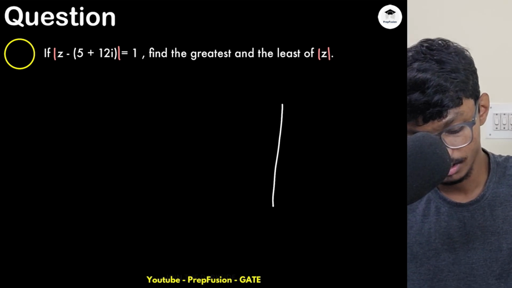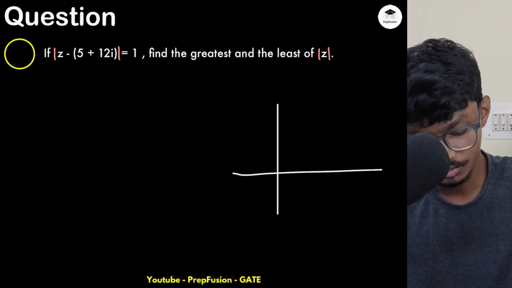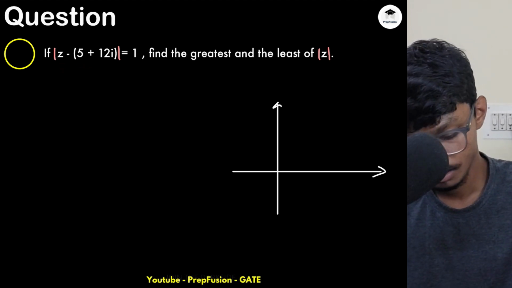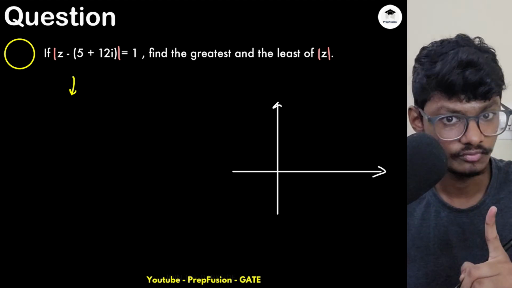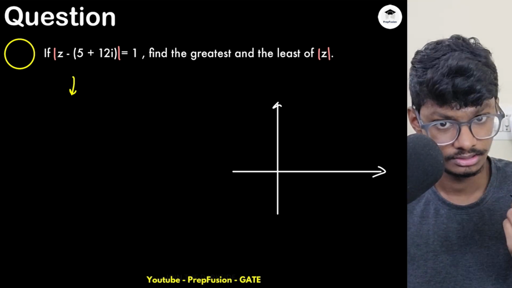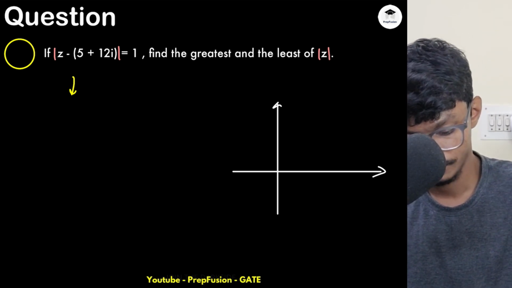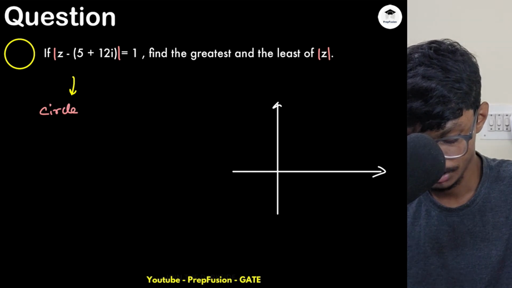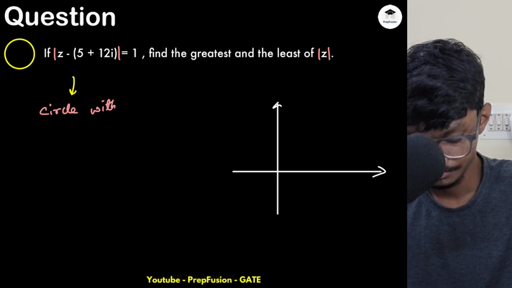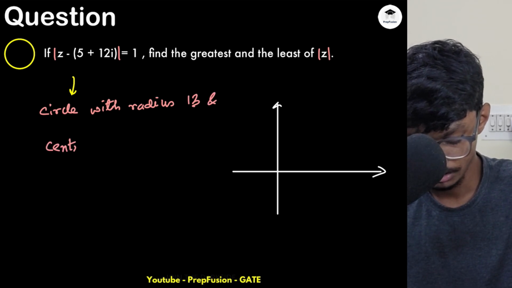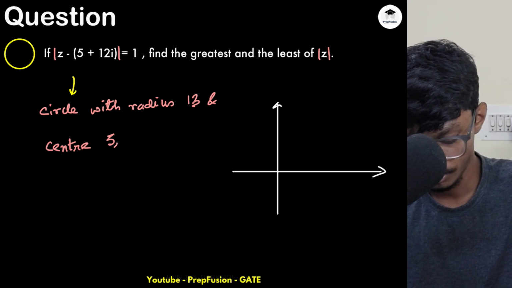So what is this equation? If I am able to read this equation, this is z minus z naught. Can you tell me what this is? This is a circle with radius 13 and center 5 comma 12.